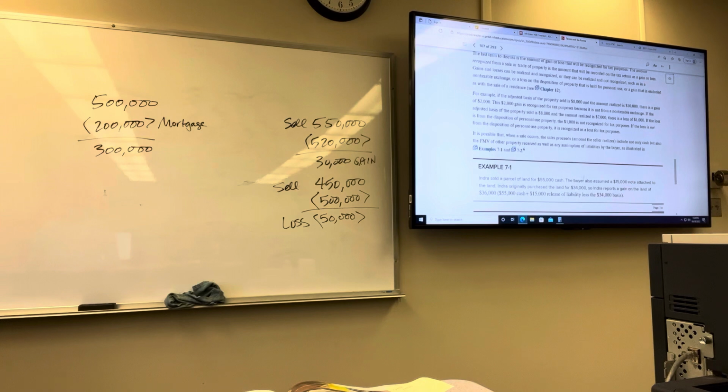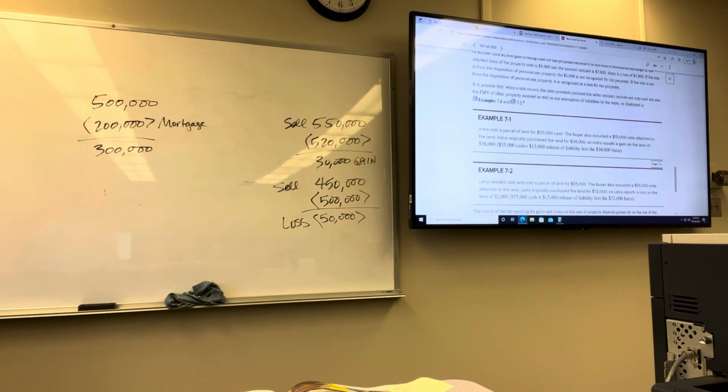So what happens in those cases? Let's look at this example to show you. Indra sold a parcel of land for $55,000 of cash. The buyer also assumed a $15,000 note that was attached to the land. Indra originally purchased the land for $34,000. So the gain on the land is $36,000. Now, how did we get that?